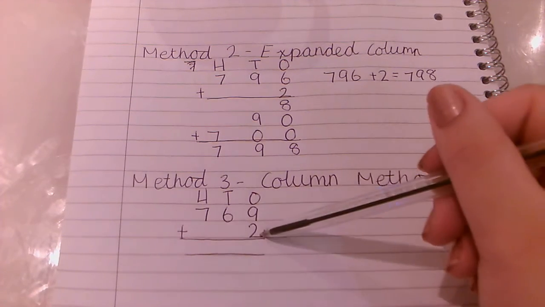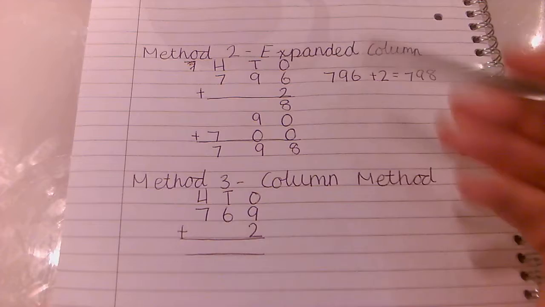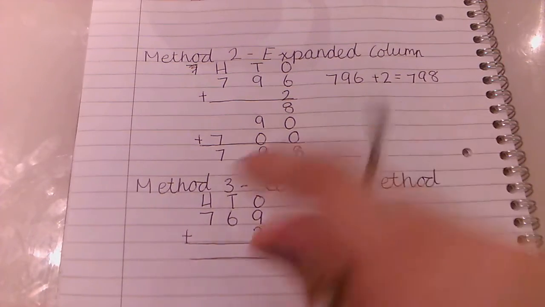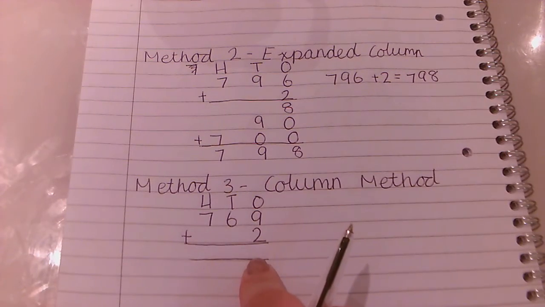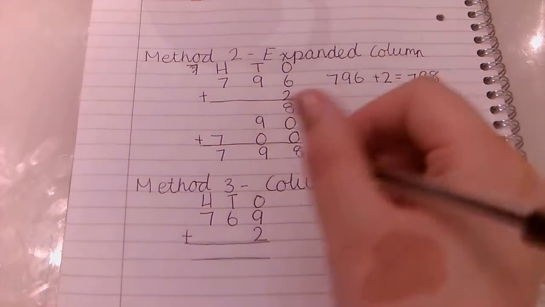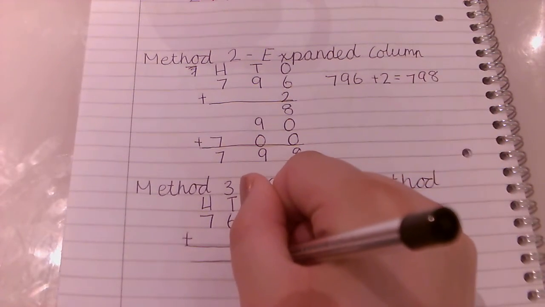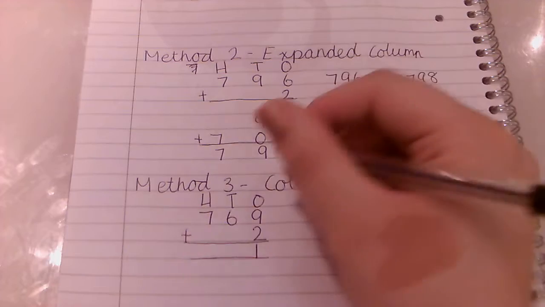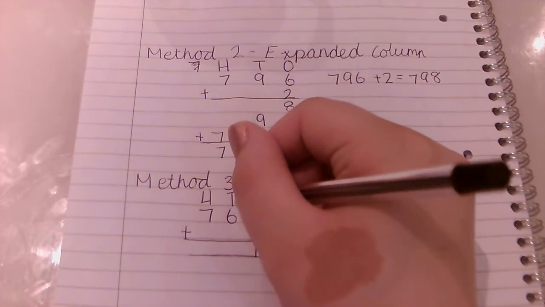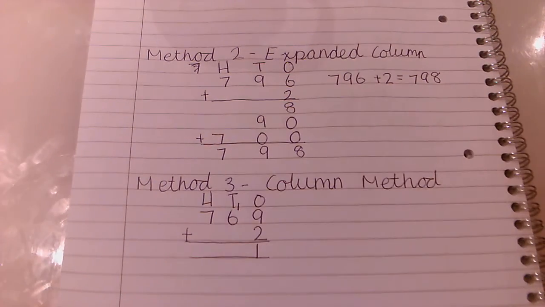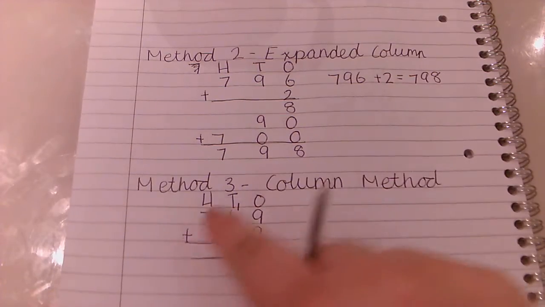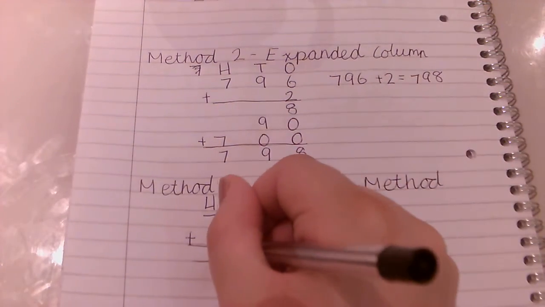So 9 add 2. Now we know 9 add 2 makes 11, but we can't put 1 and 1 both into the ones column. So from the 11, we're going to put 1 for the ones, but then we've also got one group of 10, which we're going to regroup into the tens column and just put it up there. Now 6 add 1 makes 7.